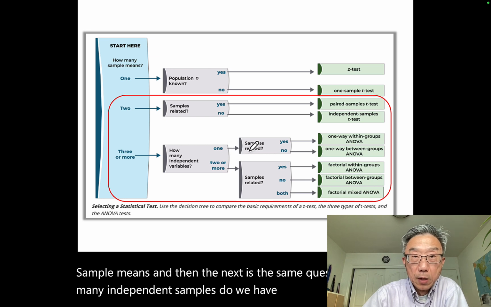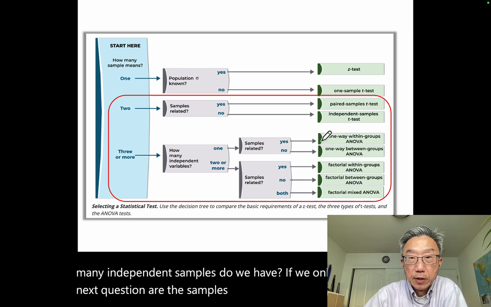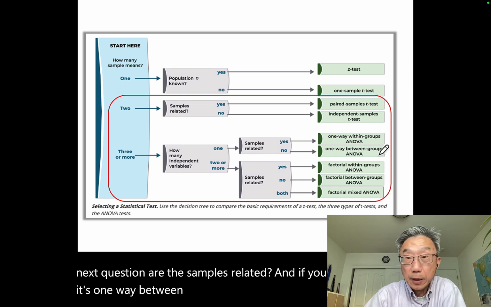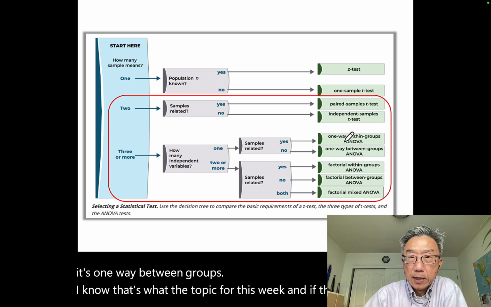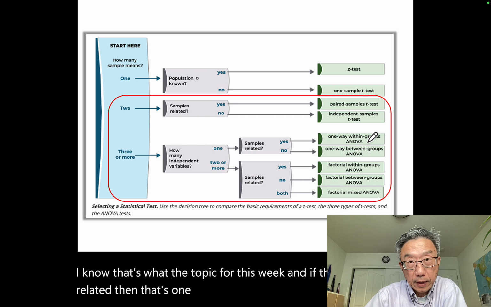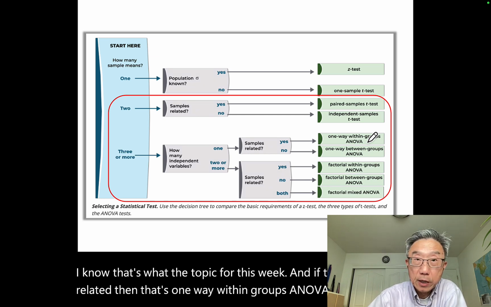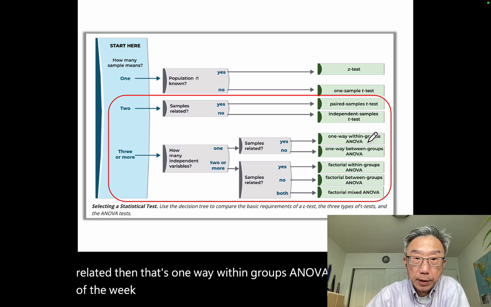If we only have 1, then the next question is, are the samples related? If they're not, then it's one way between groups ANOVA. That's the topic for this week. If the samples are related, then that's one way within groups ANOVA. That's the topic of the week after the spring break.